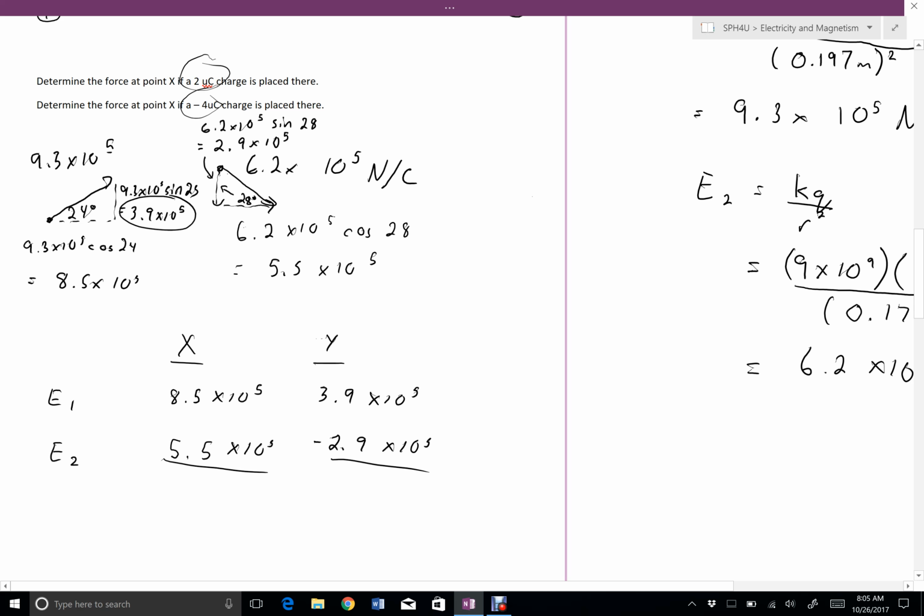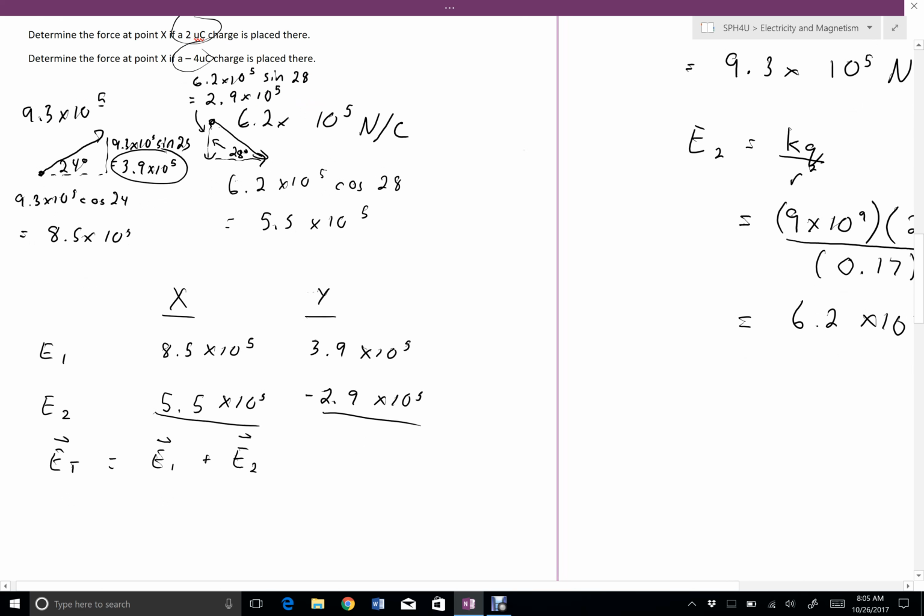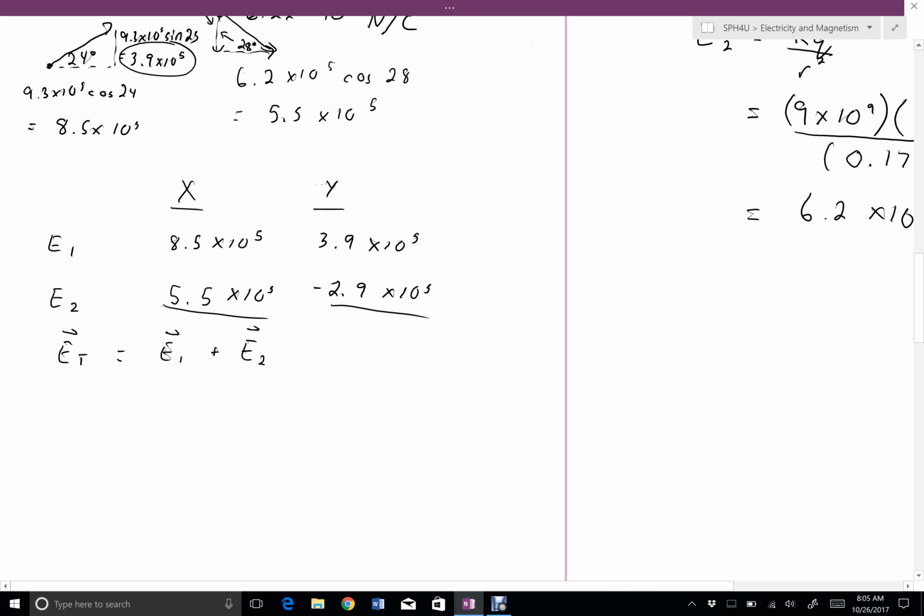So I can recognize that the electric field total is equal to the sum of the individual electric fields. So 8.5 plus 5.5, it's 14, so this is going to be 1.4 times 10 to the 5. And 3.9 less 2.9 is going to be 1.0 times 10 to the 5 in the y direction.